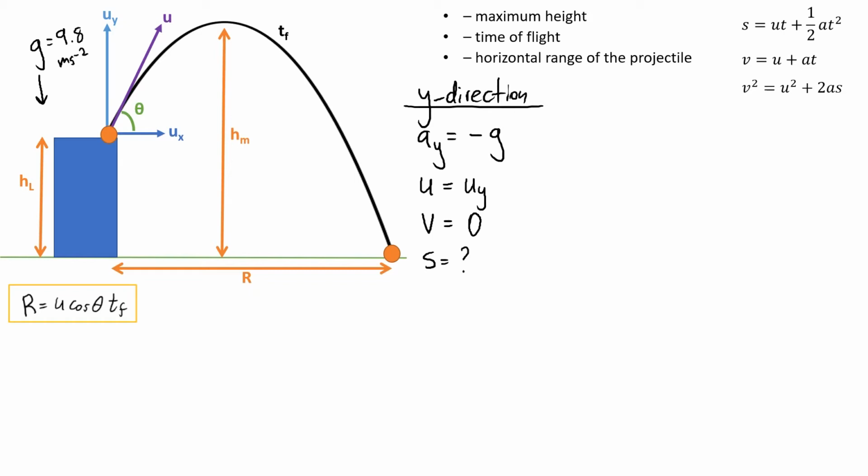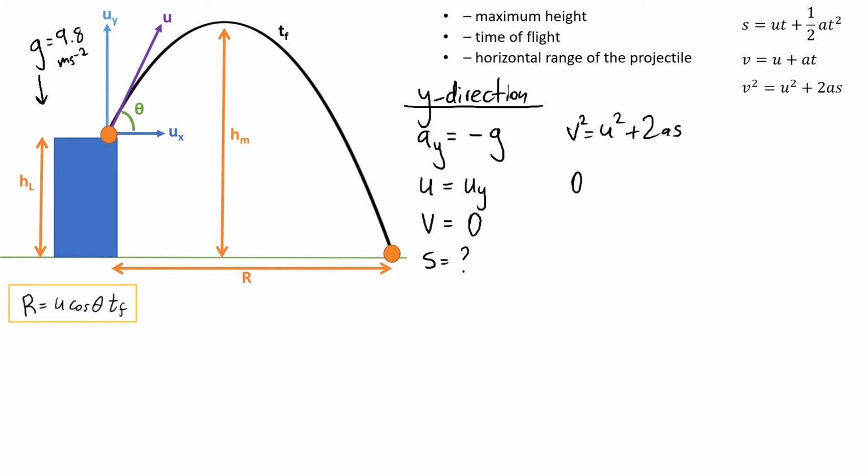So if we have s, v, u, and a, ay here, but you can just say a because we're concentrating in the y direction anyway, we can see that this equation right here is basically the one we want to use because it involves v, u, a, and s, which is exactly what we have. So v squared is equal to u squared plus 2as.